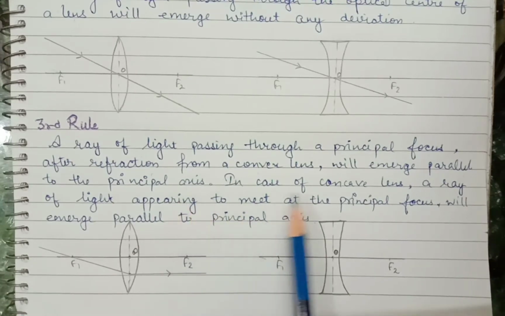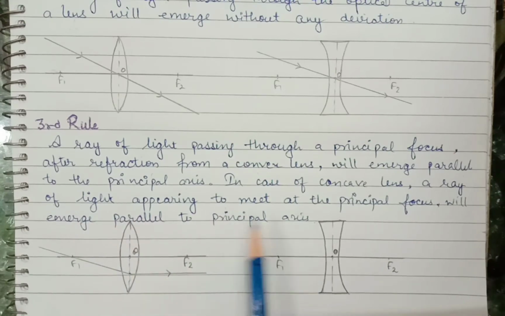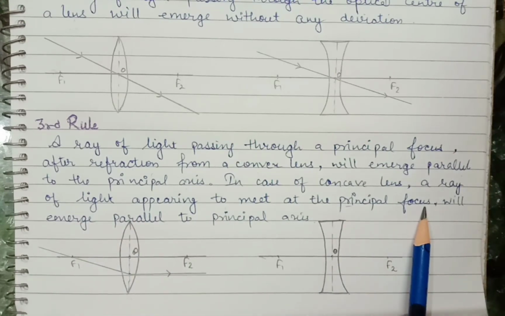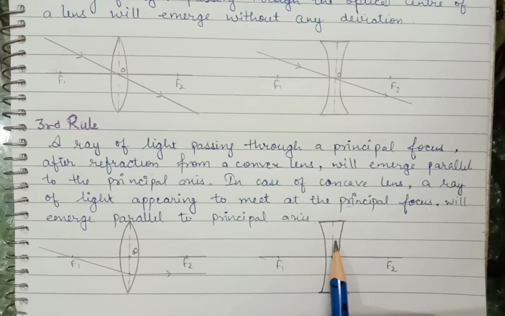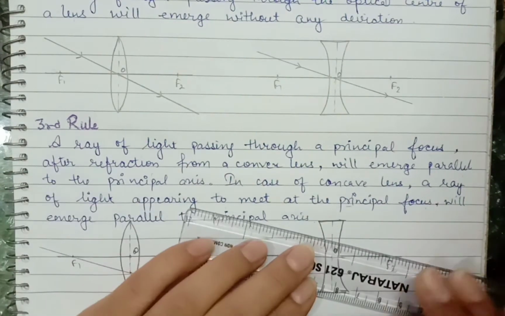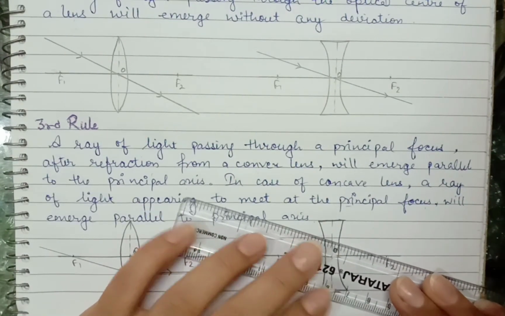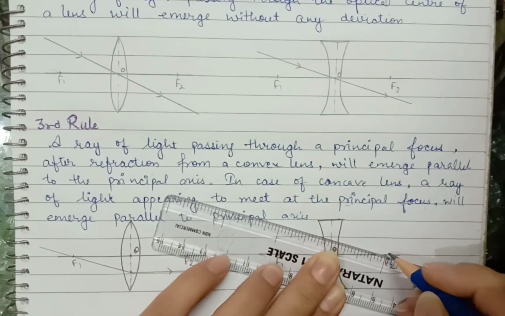In the similar way, for the concave lens, a ray of light appearing to meet at the principal focus. Here we have to draw a ray of light which is appearing as coming from this focus of the lens. Like this, we have to draw a ray of light which appears to be coming from this focus.